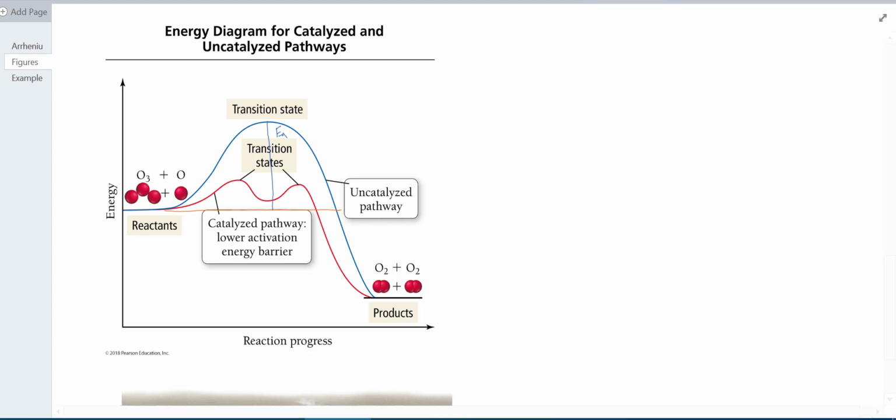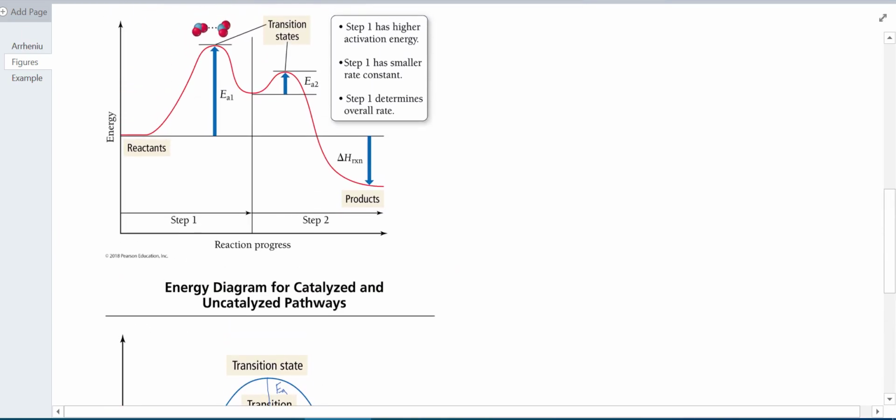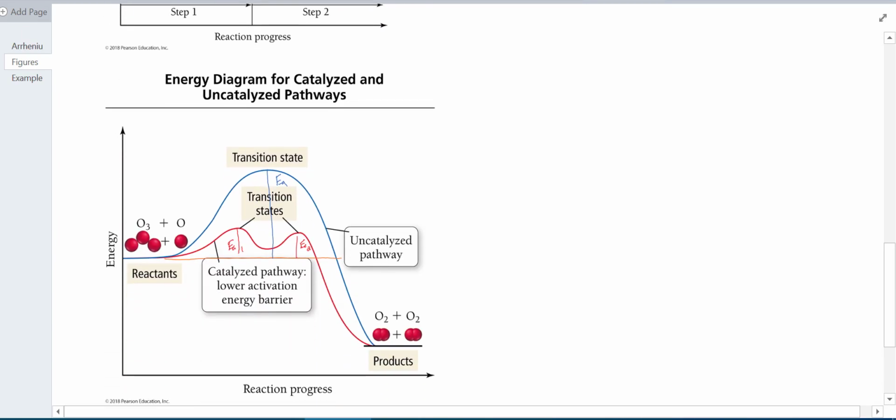Whereas the catalyzed EA, if that one's slightly bigger, I don't know, EA1, EA2, is a lot less activation energy to make the reaction happen. And it's a new mechanism, 2-step versus 1-step. So that's all a catalyst is.